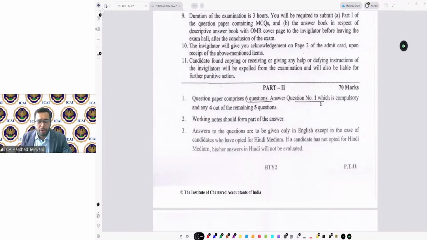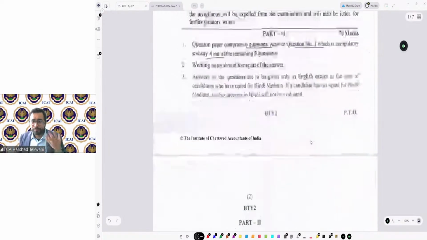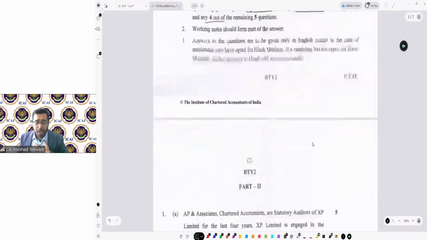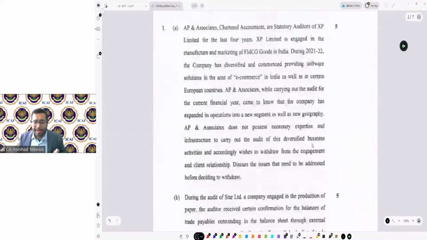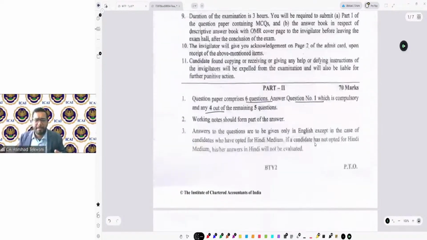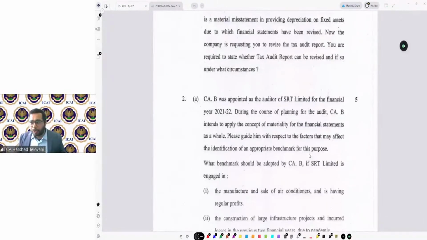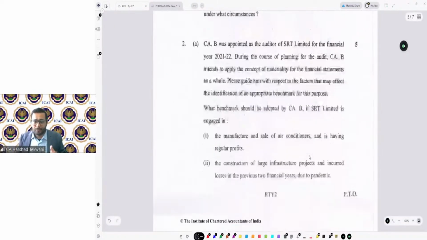Out of the other 5, you need to answer any 4. What I used to do in my exam times: see, the first is compulsory by default, so I need to answer it first. Leave it as of now. Now, out of the 5, I need to select any 4.